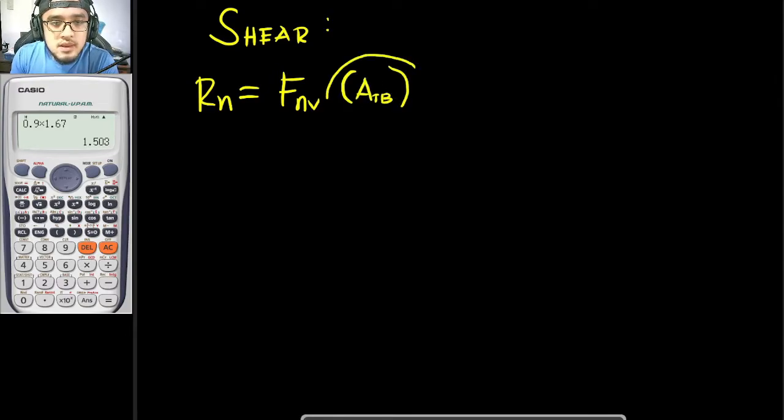So yung pag-solve ng shear natin is fairly similar to what we have been doing in mechanics of deformable bodies or strength of materials. So for your Rn, that is equal to your stress or your Fnv, kung ano yung stress ng bolts nyo, times the shear area. Basta shear area dapat itong Ab na to.